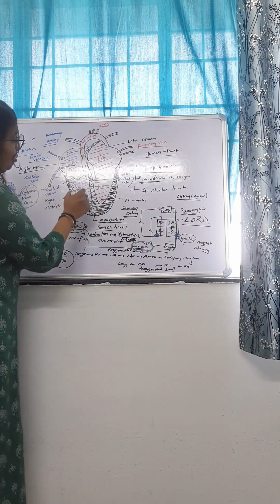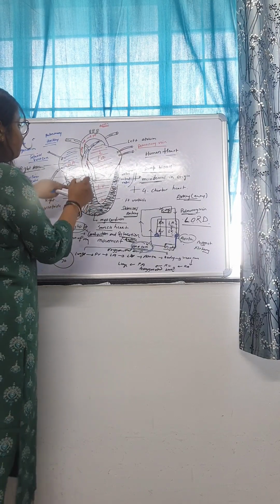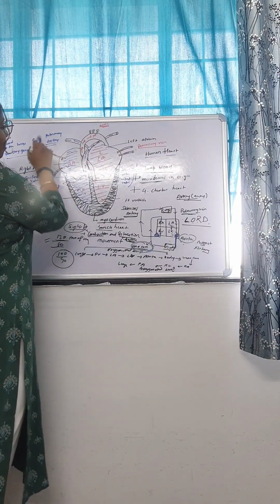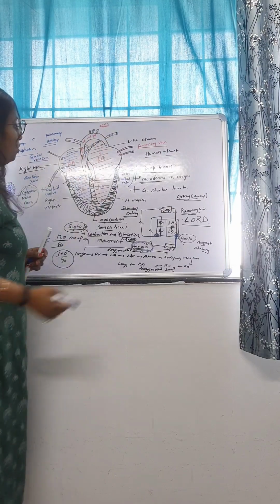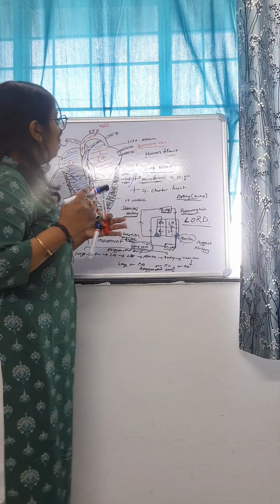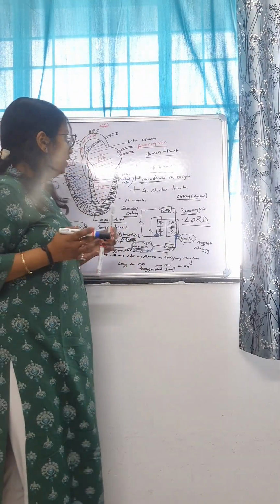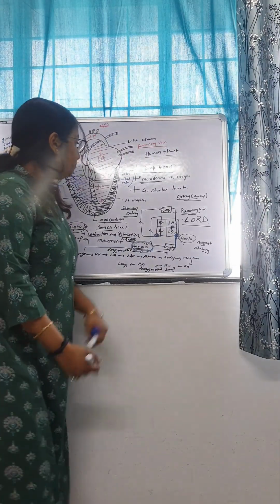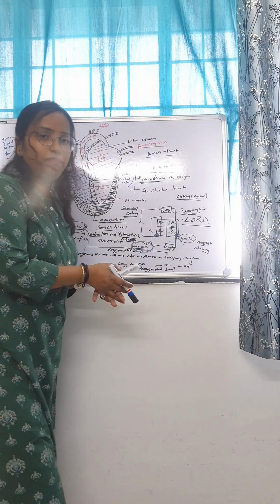From the right atrium, blood goes into the right ventricle. From the right ventricle, the blood goes into the pulmonary artery. You can see here the pulmonary artery. This pulmonary word is associated with the lungs. The lungs do the oxygenation of the blood again, and the cycle repeats. This is the fine structure of the human heart.